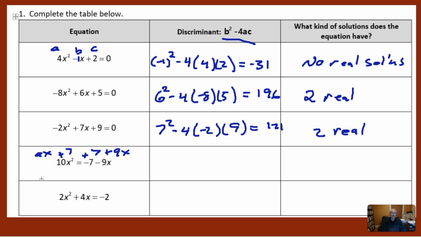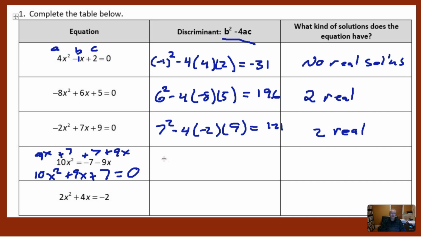So I'm going to have my 10x squared I had already, and then plus 9x, because I added that to both sides, plus 7, and on the other side, we canceled all the things, we're going to have 0. So sometimes we're going to have to cancel some terms on one side of the equation to get 0 there. Okay, now it's in standard form.